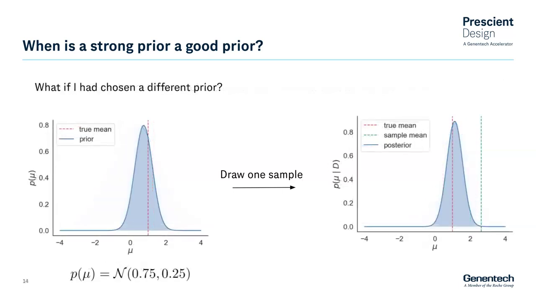Now you might ask, what if I had chosen a different prior? What if I had chosen this much more peaked prior, much closer to the true mean? Unsurprisingly, even though we see the exact same data, boom, we get almost the exact true mean with just one observation.